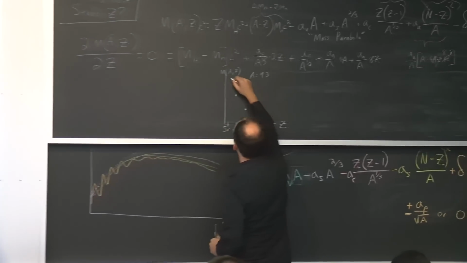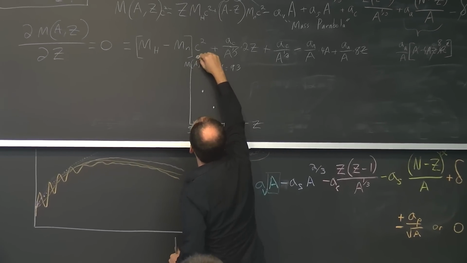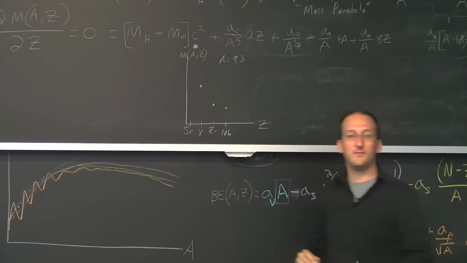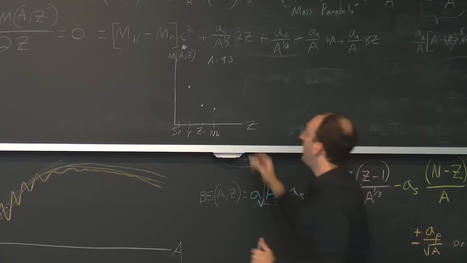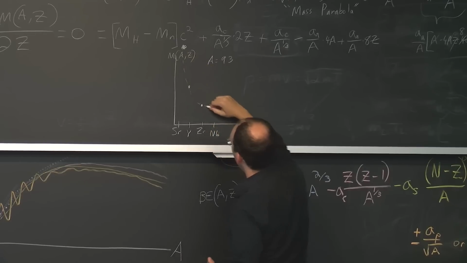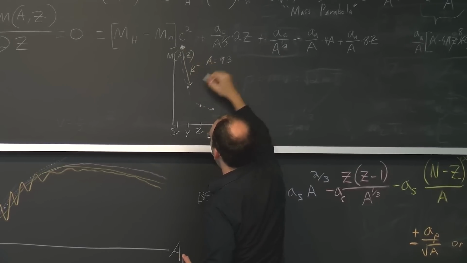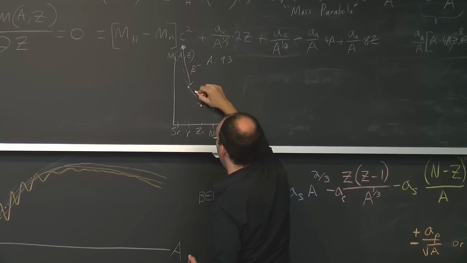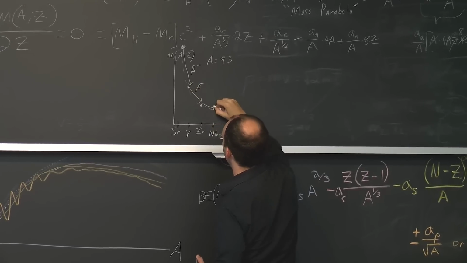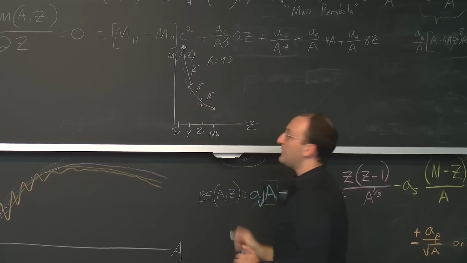So let's put strontium here, and I think 4 MeV would be off the chart, but whatever, that's the way we drew it. Already we've got the makings of a parabola, and each one of these does decay by beta decay in order to get to the most stable nucleus.